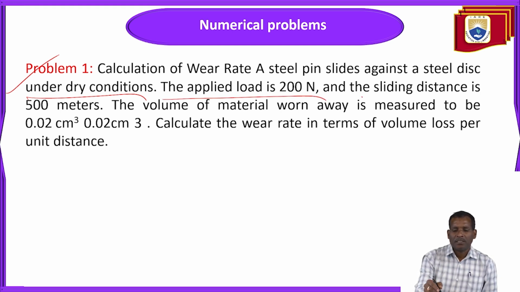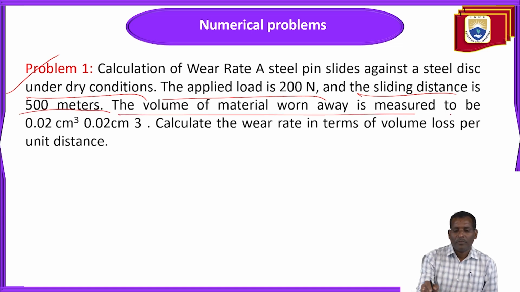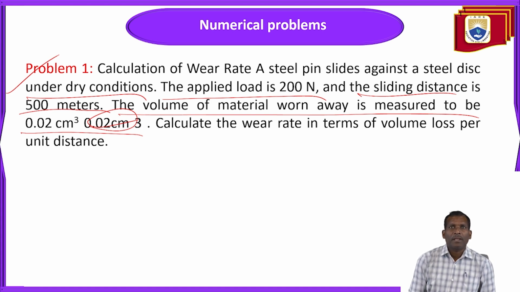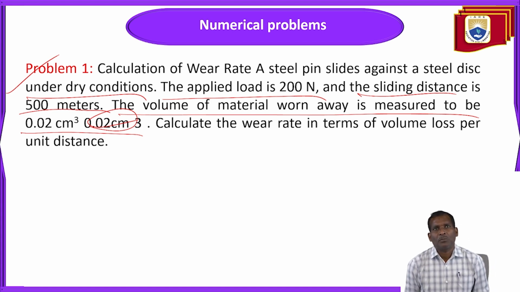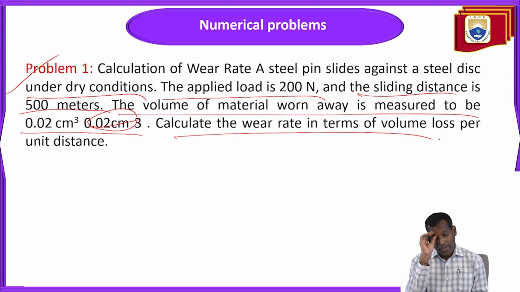The sliding distance is 500 meters. The volume of material worn away is measured to be 0.02 centimeter cube. Calculate the wear rate in terms of volume loss per unit distance.